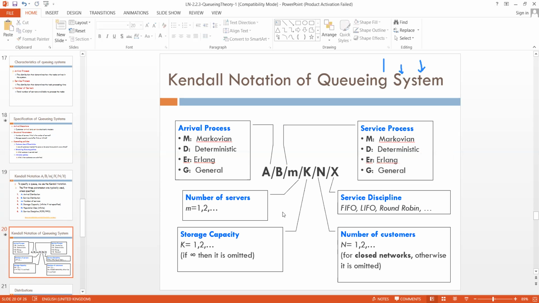Then the number of servers, like I said, we can have 1, 2, 3, and so on. Capacity, we can have 1, 2, 3, okay? But whenever K is not stated, we are talking about what? An infinite capacity. Queue discipline, we know is first in, first out. Once you walk into the bank, we expect that the first person who walks into the bank will be the first person who comes out. But it's normally not so.